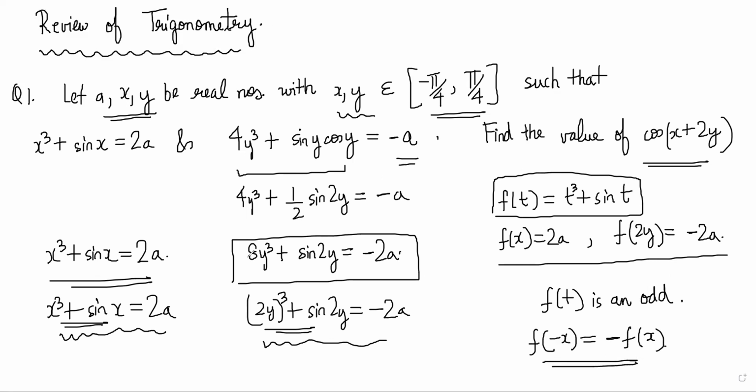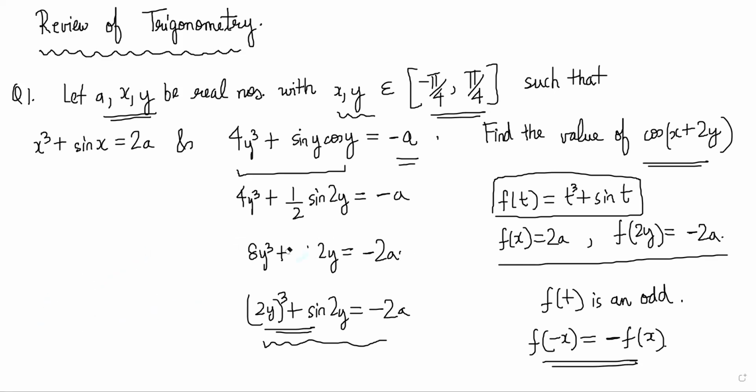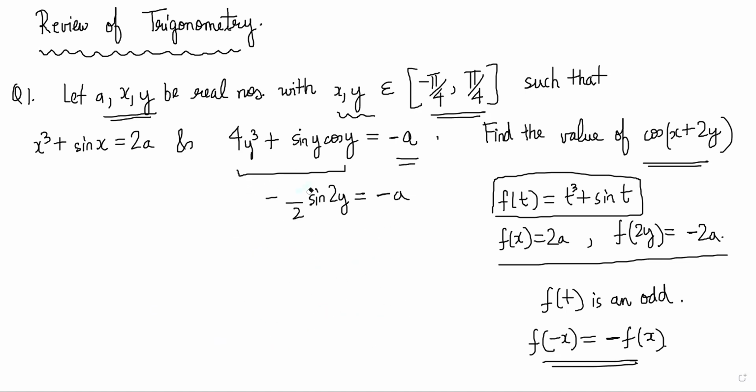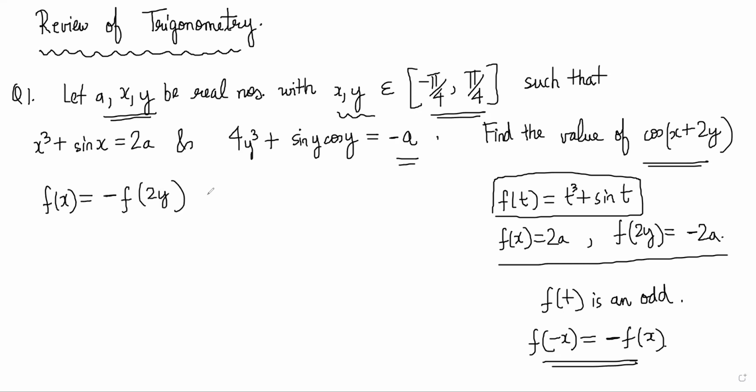So we can say that f of x is equal to negative of f of 2y, because f of x is 2a and f of 2y is minus 2a. Now, negative of f of 2y is basically f of minus 2y, because this is an odd function. So we have f of x is equal to f of minus 2y.